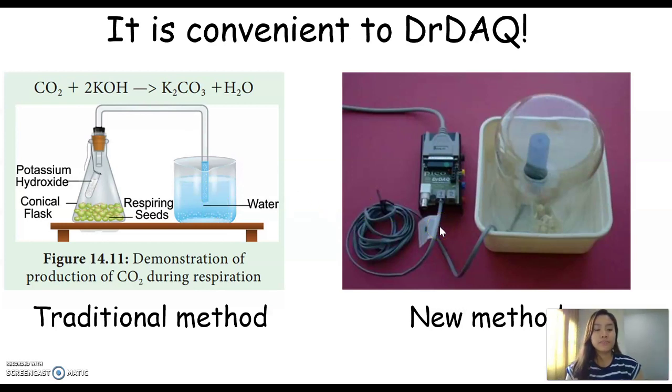Whereas in this new method, a data logger is connected to the experiment itself, where the data or the level of oxygen or carbon dioxide is directly recorded inside the data logger itself and transferred directly to the computer so that it is easier for us to analyze the data and make a graph or a chart out of it.